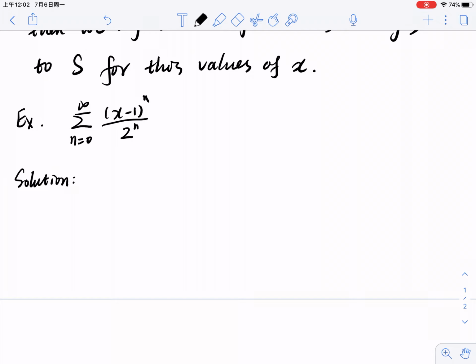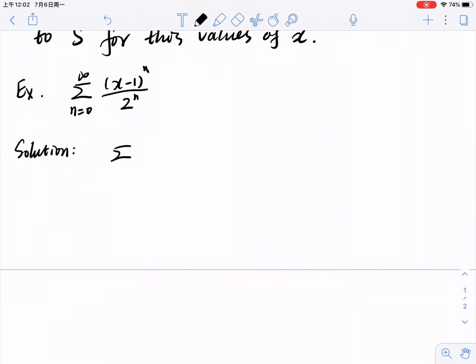We can write it as ((x minus 1) divided by 2) to the power n. We see that each different value of x gives us a different geometric series. The series converges if the ratio (x minus 1) over 2 between successive terms is less than 1 in absolute value.